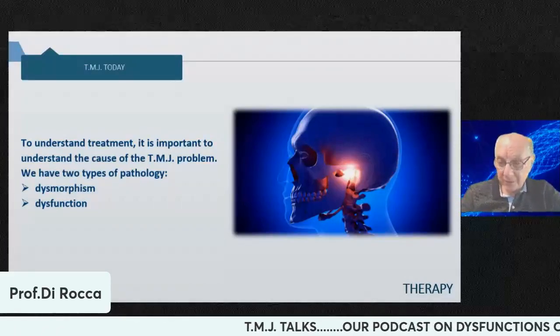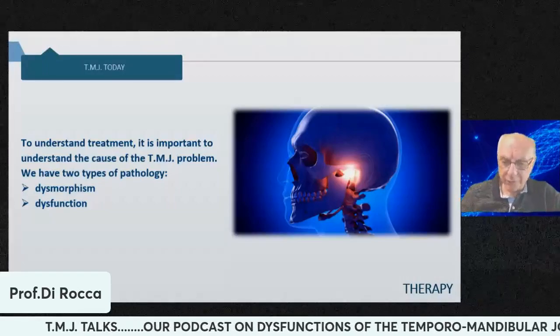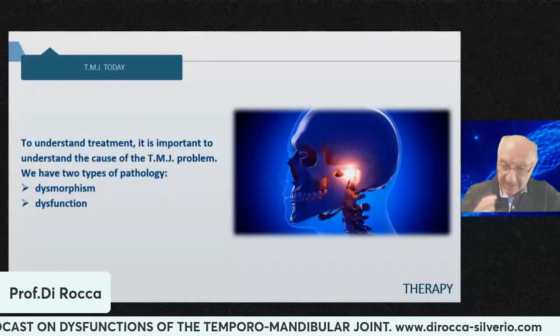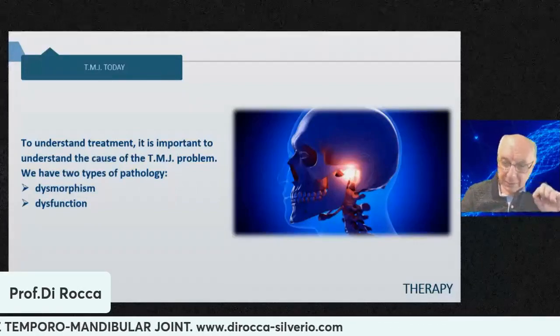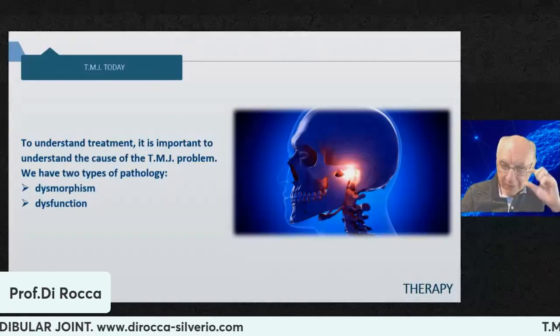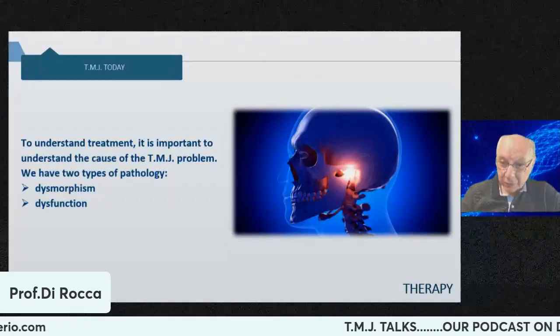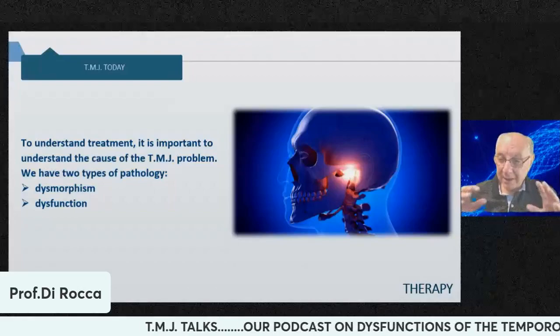And dysfunction is something that does not have a good function in any part of the body. The same is true of the temporomandibular joint. Dysmorphisms is a small quantity of the problem. Dysfunctions, 95% of the problem.